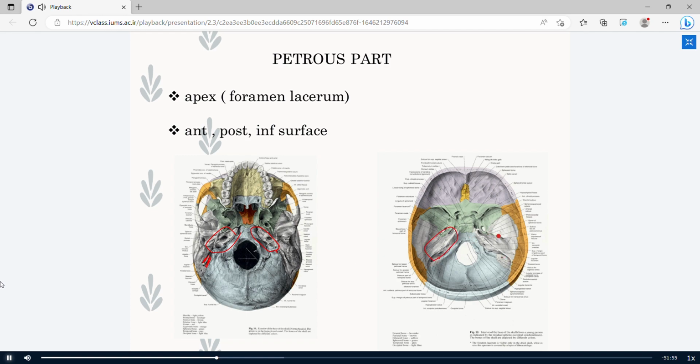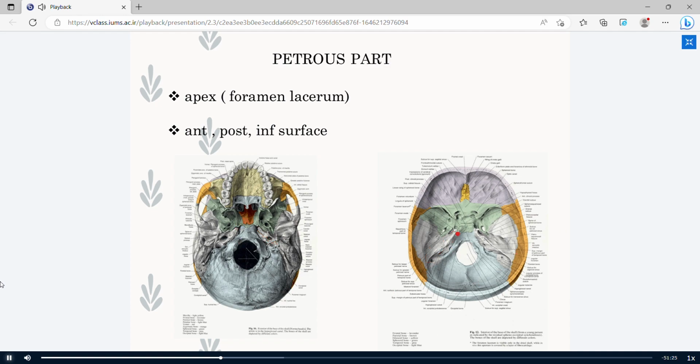It's located in the base of the skull, and the petrous part has an apex, has a base, and has three surfaces: anterior surface, posterior surface, and inferior surface.